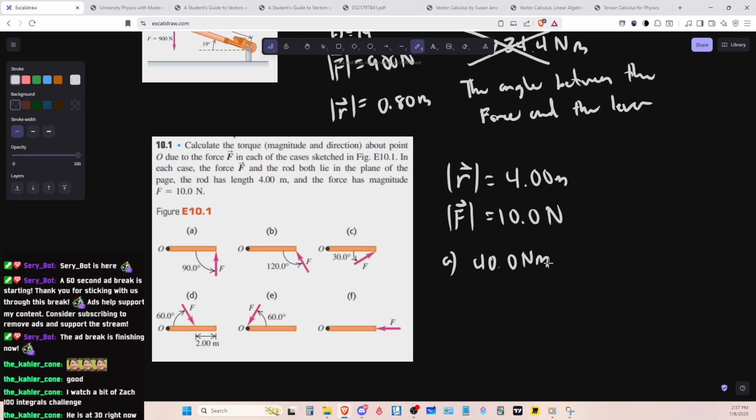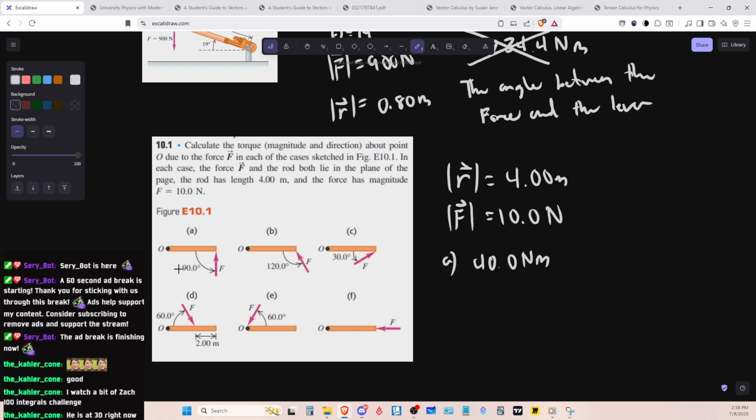And we also have to say the direction it's going. Because it's the central point O, we have to think of it sort of like a screw.